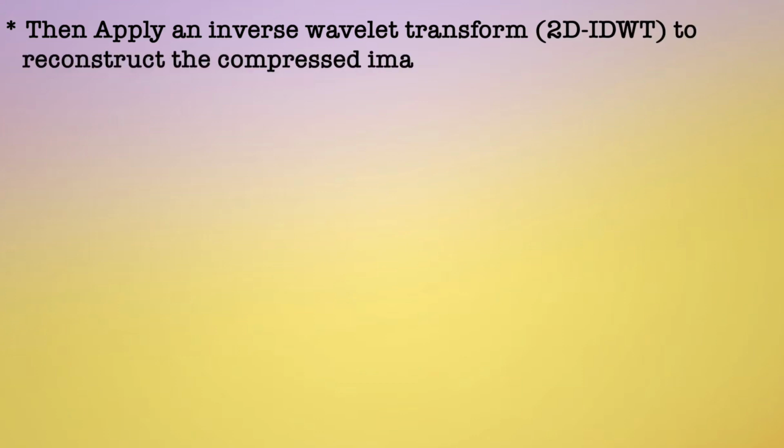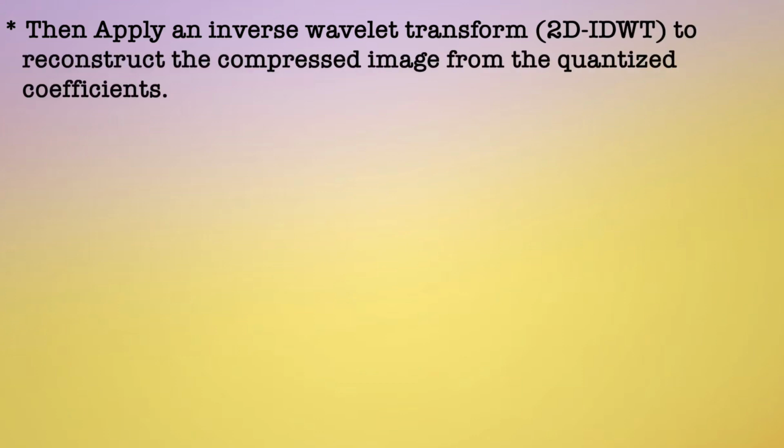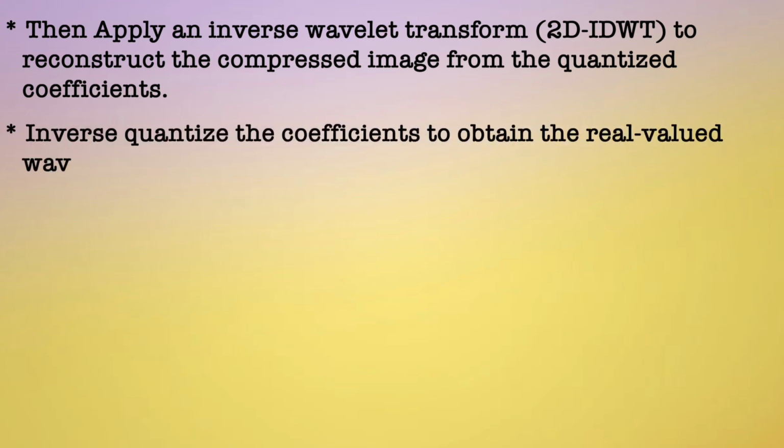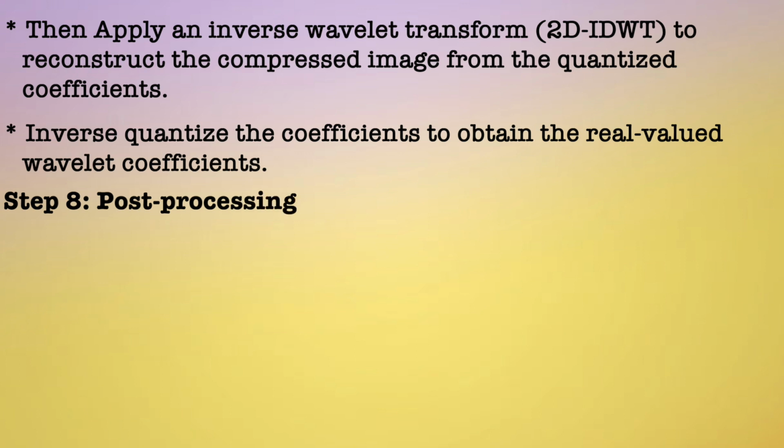Then apply an inverse wavelet transformation to reconstruct the image from the coefficients. Then inverse quantize the coefficients to obtain the real value wavelet coefficients. The step 8 is post processing.